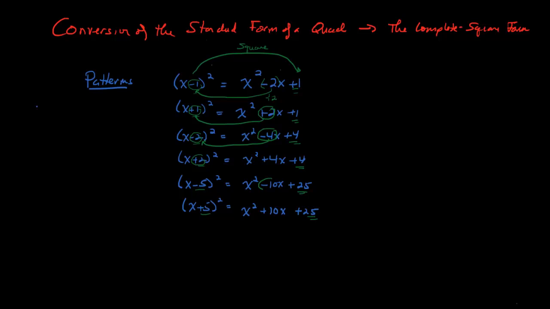Let's jump down to negative 10. Negative 10 divided by 2 gives you negative 5. So hopefully we can see some relationships between the completed FOIL terms and those complete squares. And these are actually called the complete square form.